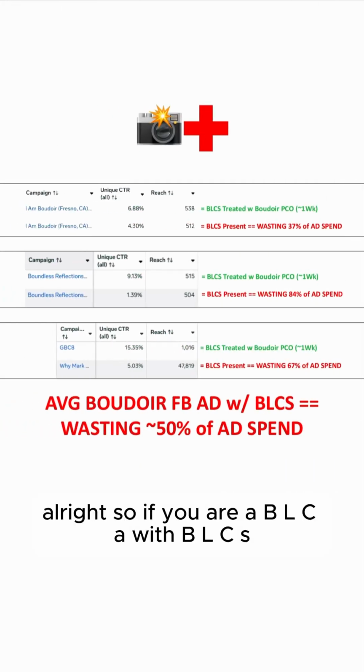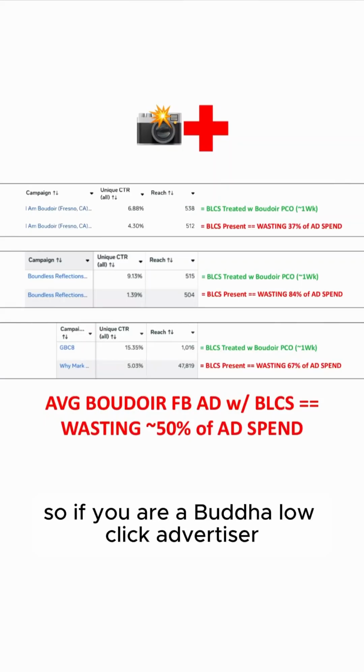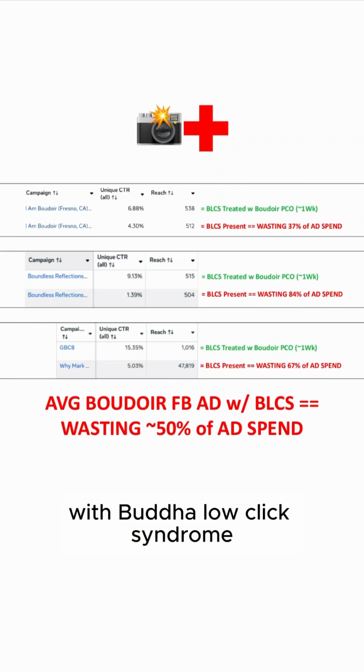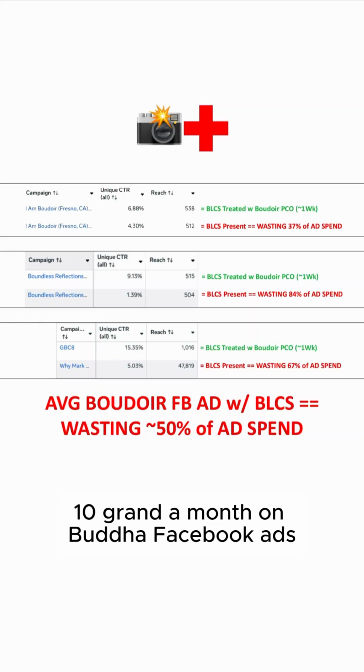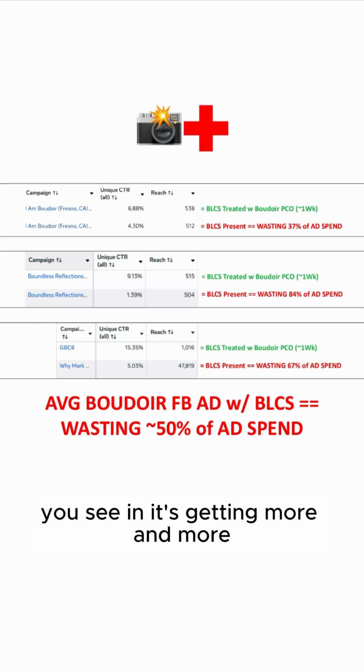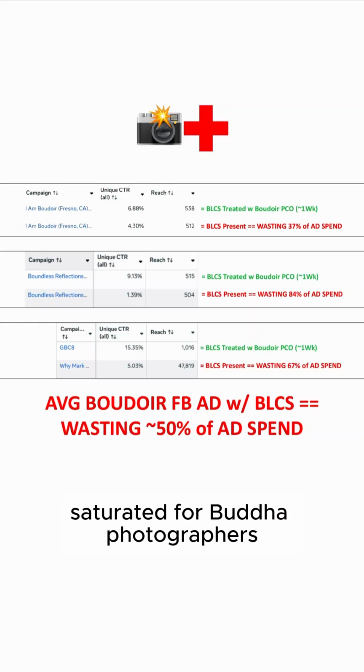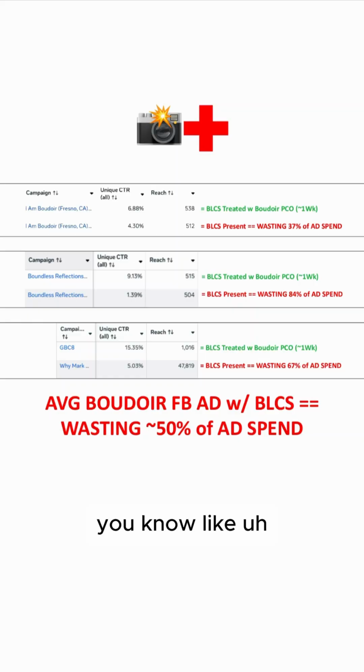All right, so if you are a BLCA with BLCS, so if you are a Boudoir low click advertiser with Boudoir low click syndrome, and you're spending more than 10 grand a month on Boudoir Facebook ads, and you look at the marketplace, you see it's getting more and more saturated for boudoir photographers.